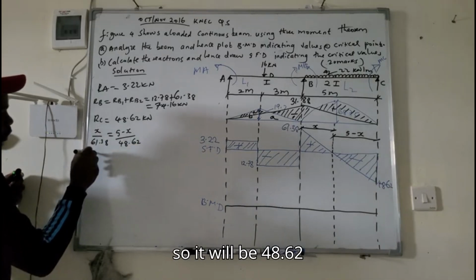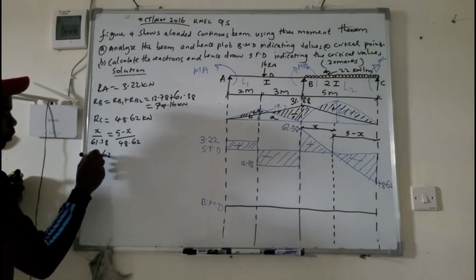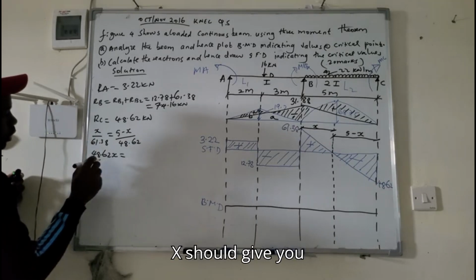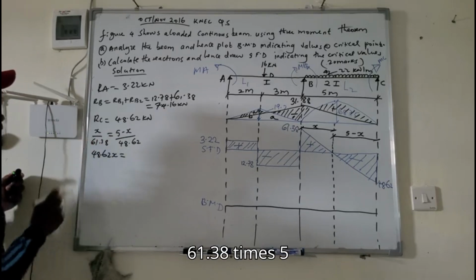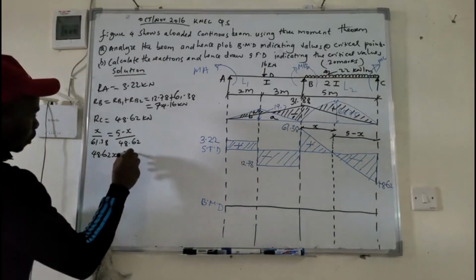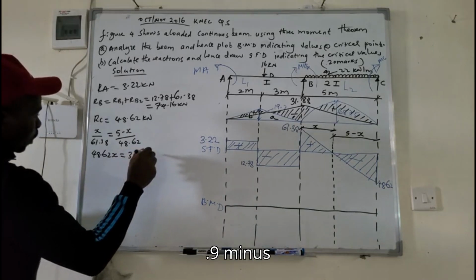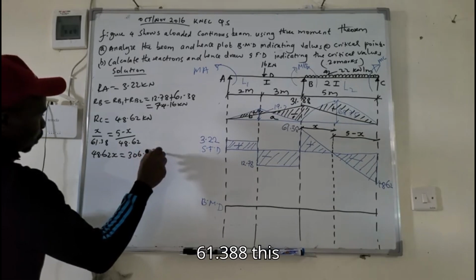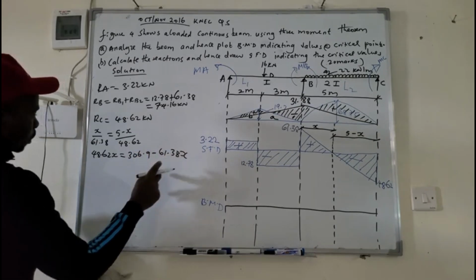So which implies 48.62 times X should give you 61.38 times 5, which is 306.9, minus 61.38x.